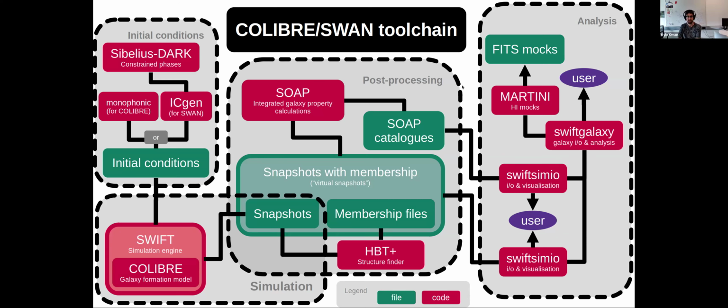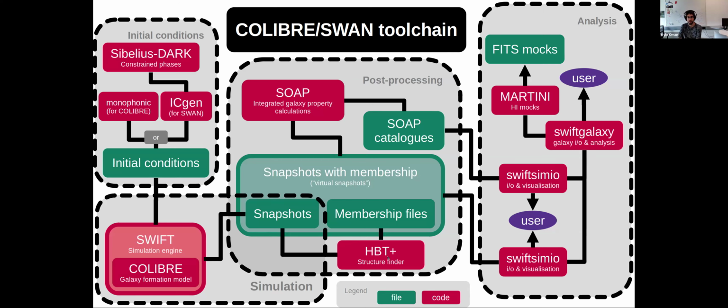And then we get into the post-processing area where lots of action happens. So once we have our raw outputs, in this case, we're feeding those snapshots into a structure finder. The raw outputs basically just have tables of lots of particles.